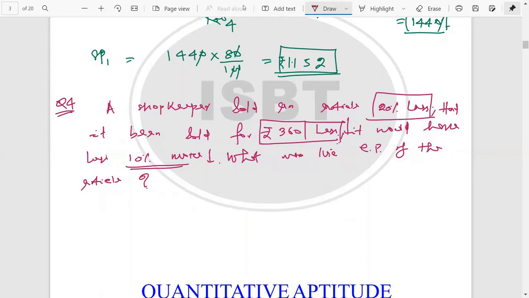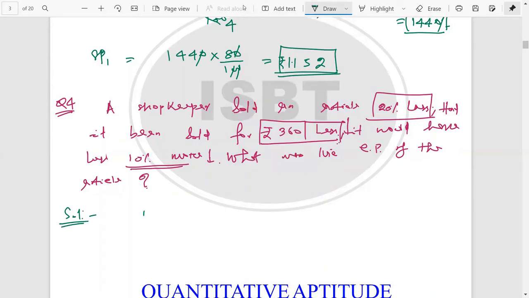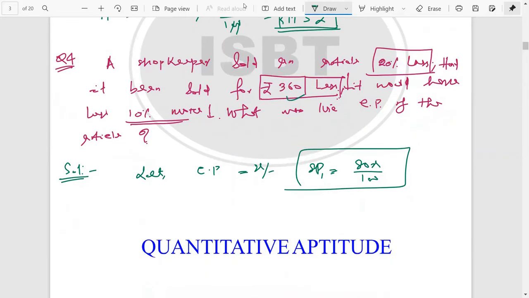Okay, now start the solution. First method. Let CP be x rupees. So what should be the selling price? Same, 80x by 100. Now, had it been sold for 360 rupees less, what should be the selling price? 80x by 100 minus 360 rupees. It would have lost 10% more.